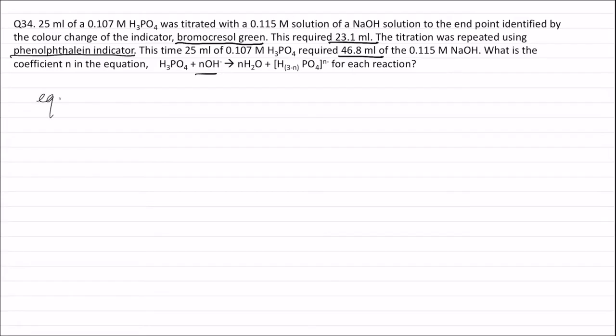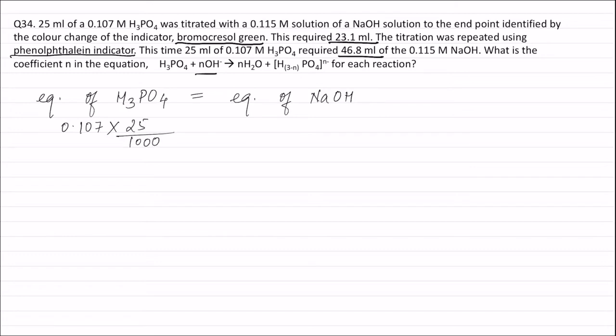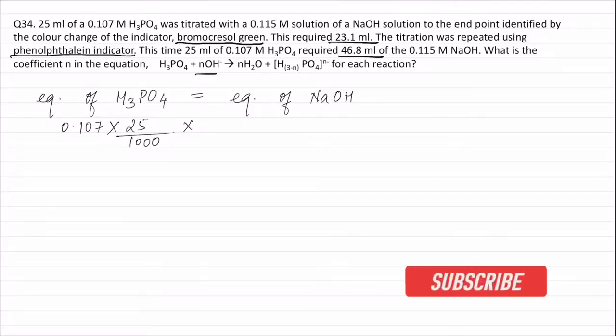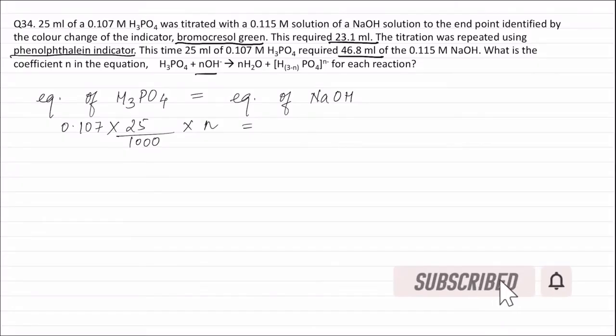That is, equivalents of H3PO4 is equal to equivalents of NaOH. And equivalents of H3PO4 will be equal to molarity of H3PO4, that is 0.107 M, into volume of H3PO4 in liters, that is 25 divided by 1000 liters, into valency factor of H3PO4, let it be n, and this is equal to equivalents of NaOH.